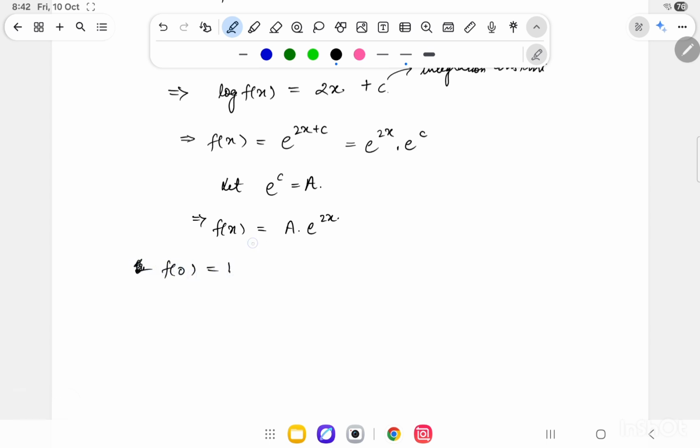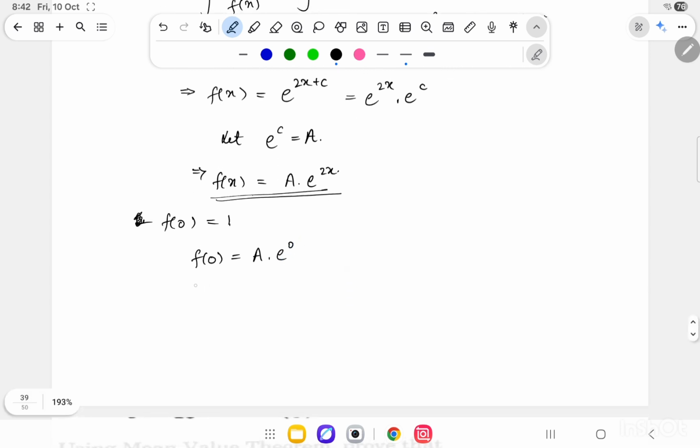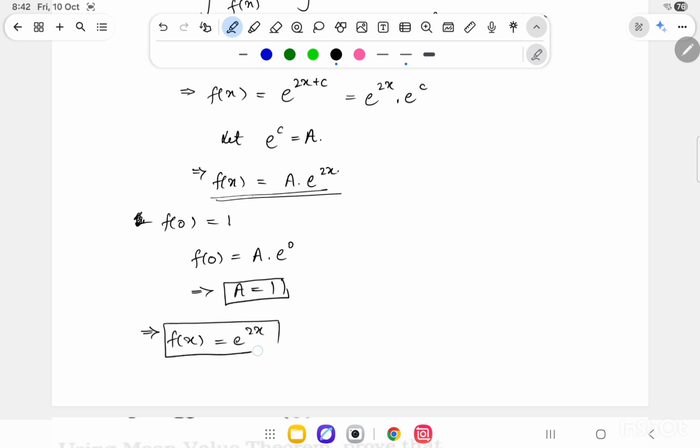So if I plug in x equals to 0 in this equation, this will give me f(0) equals a times e raised 0, and e raised 0 is 1. So from here I got a is equal to 1. So my function f(x) is e raised 2x, and this is what we were supposed to find.